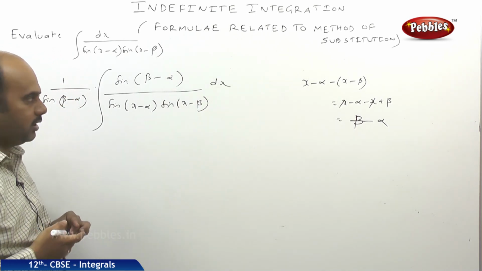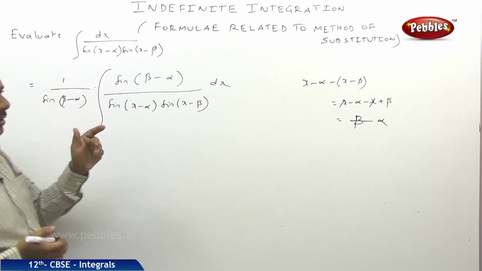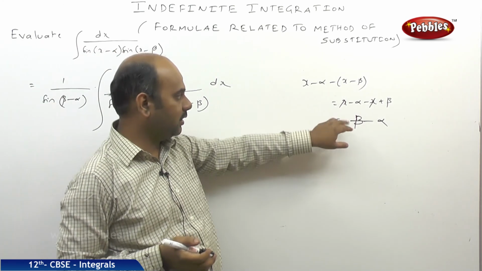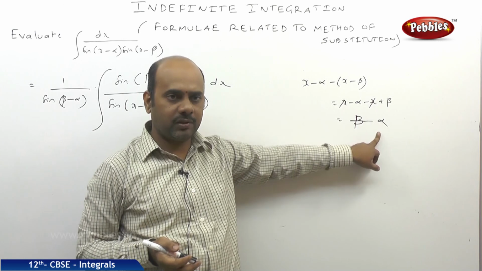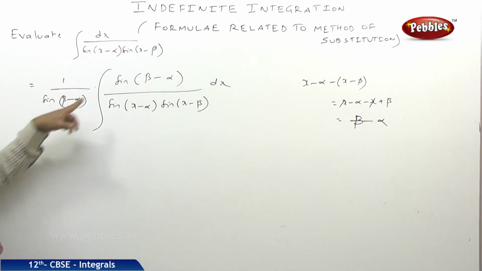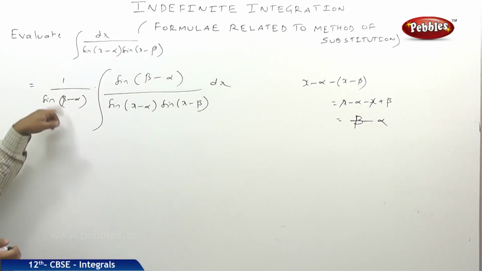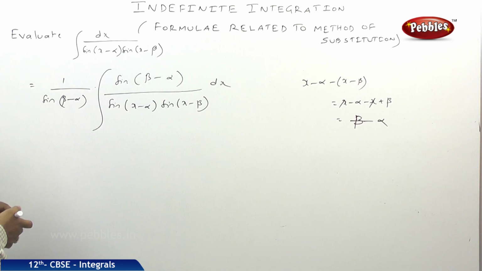So once again I am repeating, whenever this kind of question comes, subtract the angles, the x will get cancelled, and there remains beta minus alpha. So multiply and divide by sine of beta minus alpha.